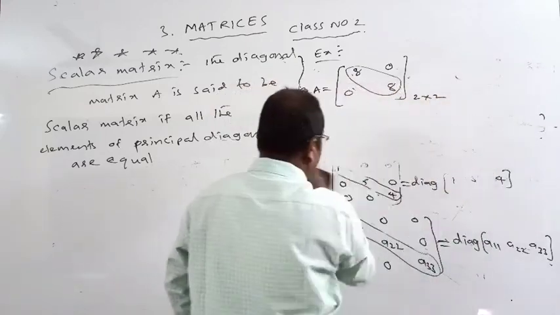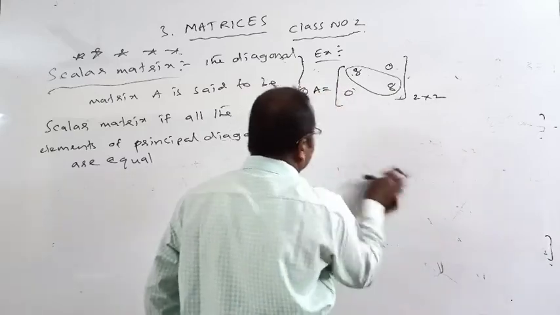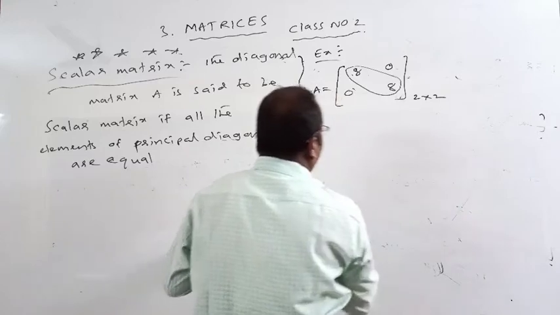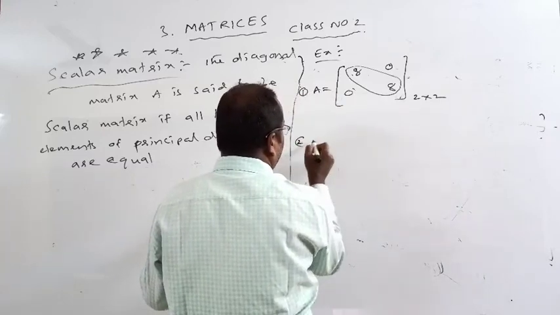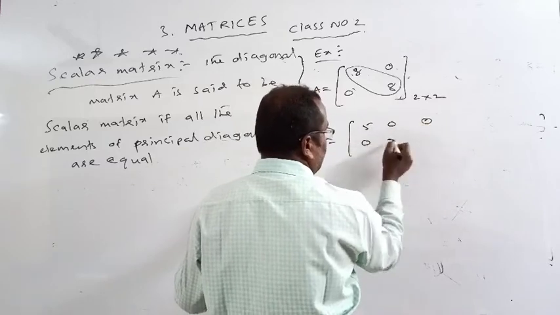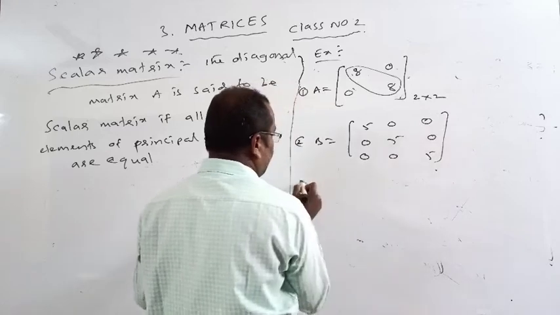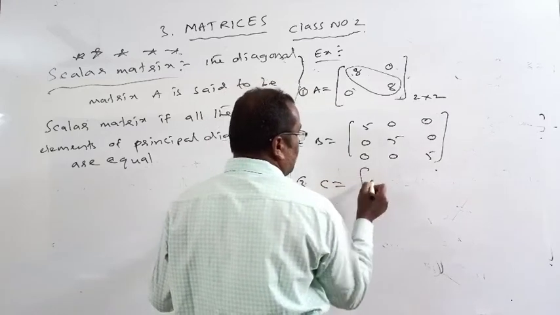Next one. See this one. Example 2. B is equal to 5 0 0, 0 5 0, 0 0 5. Example 3.